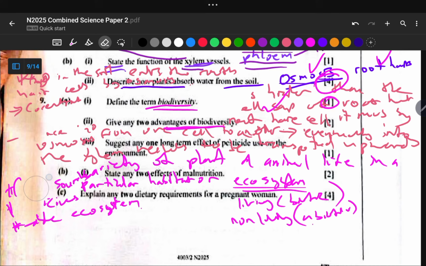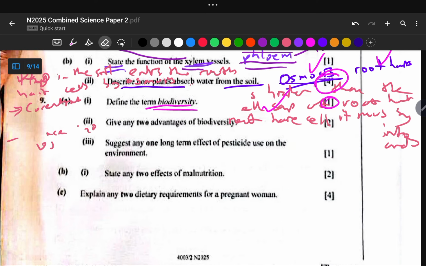So let me clear this space here. The next part says, suggest any 1 long-term effect of pesticide use on the environment. So pesticides can accumulate in the food chain, thereby poisoning the top predators and disrupting the ecosystem.